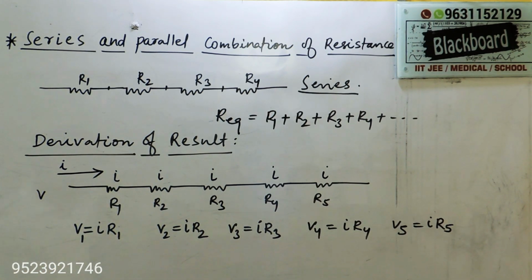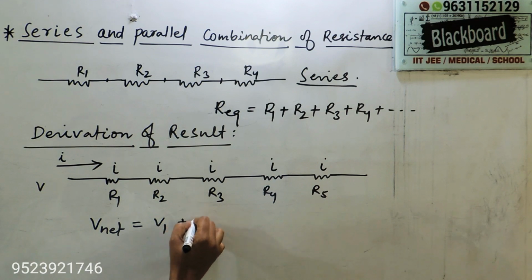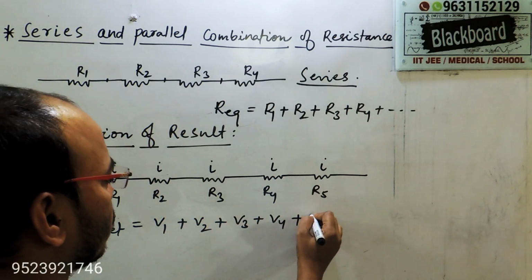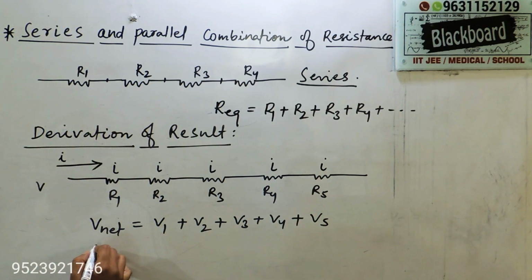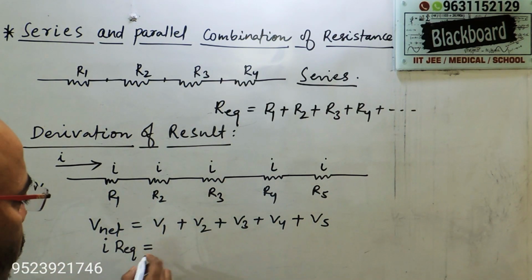That means here the net potential is V, so you can write V equals V1 plus V2 plus V3 plus V4 plus V5. That means V net equals I amount of current times R, the equivalent resistance of this combination.